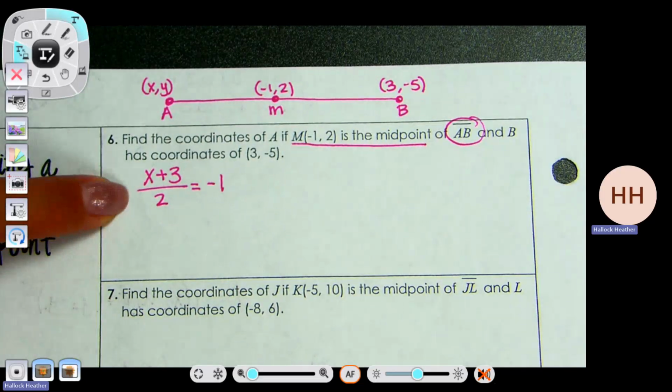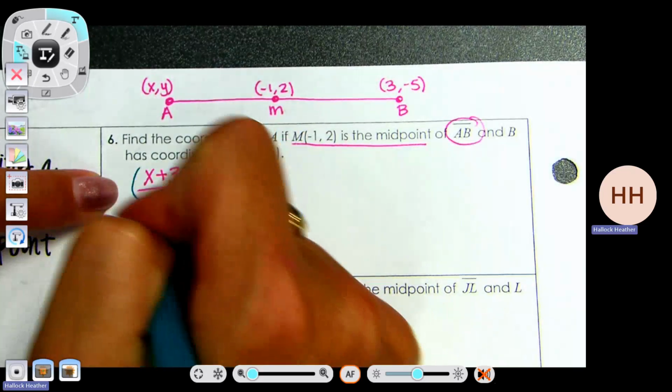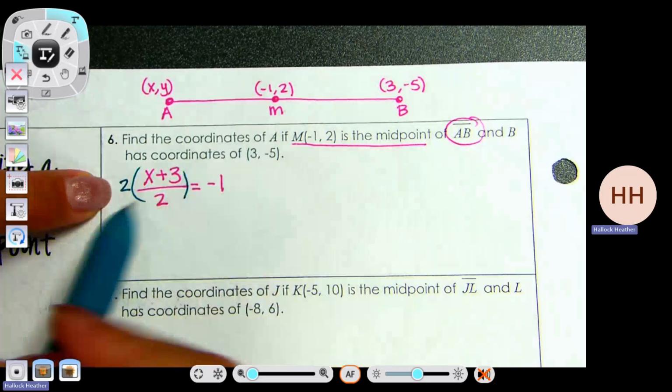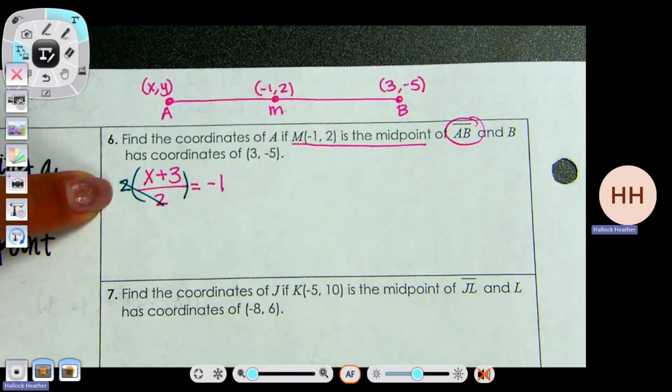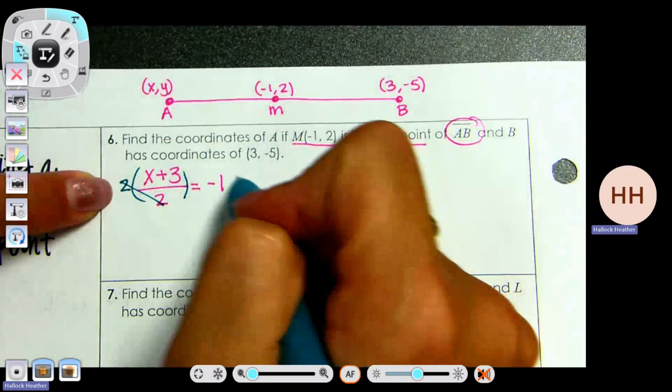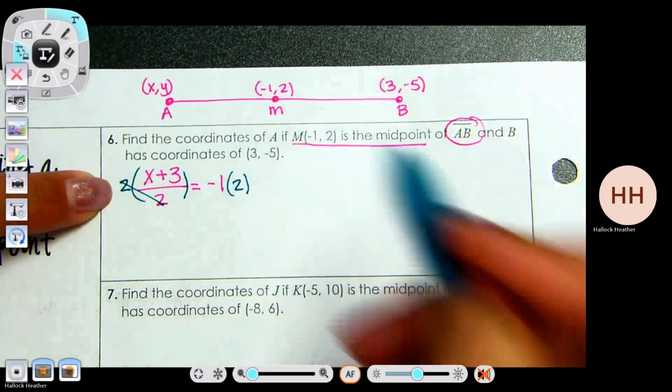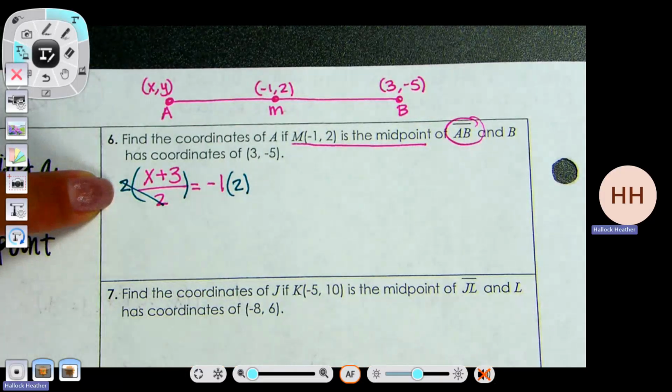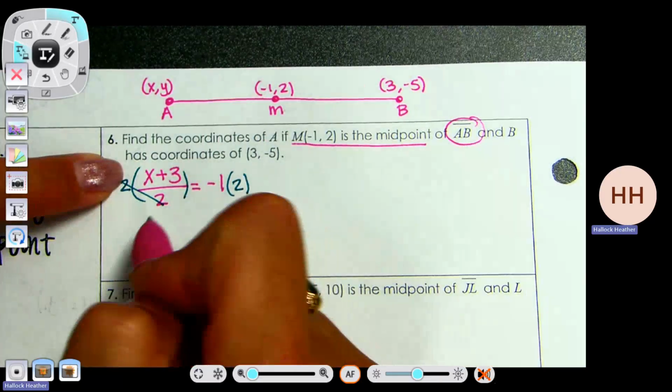Does anybody remember from algebra 1 how to get rid of the 2? Multiply both sides by 2. It crosses out and I move it to the other side. I bring down X plus 3 because that's in the numerator, I haven't touched it yet.